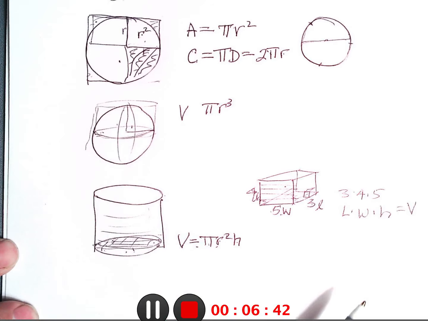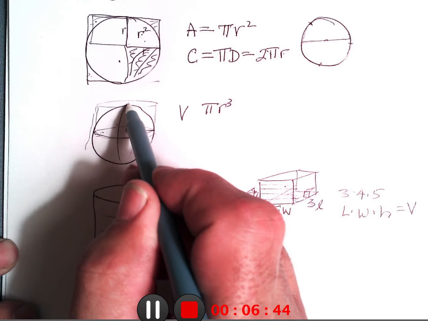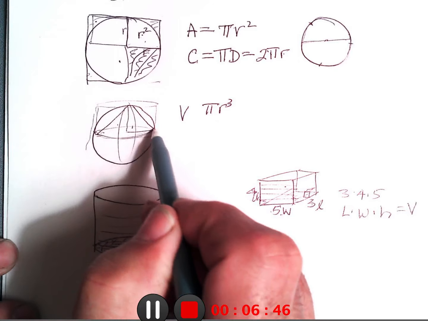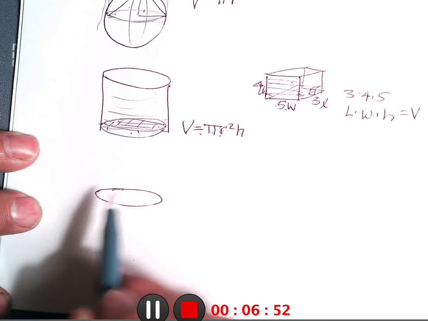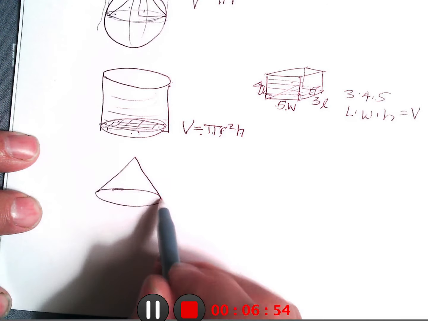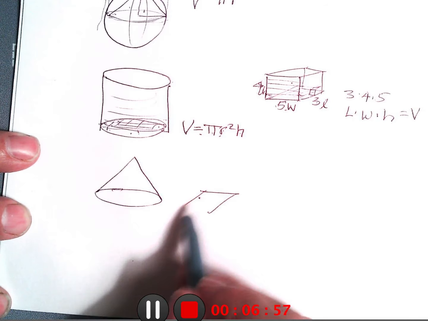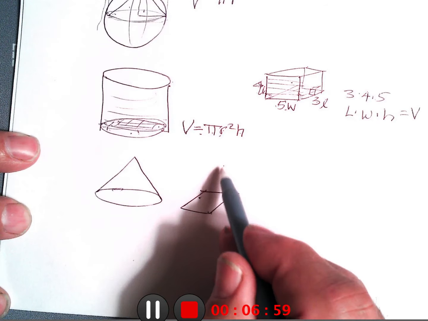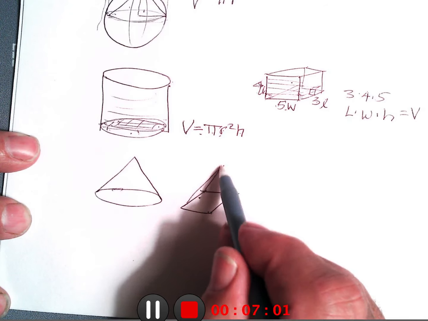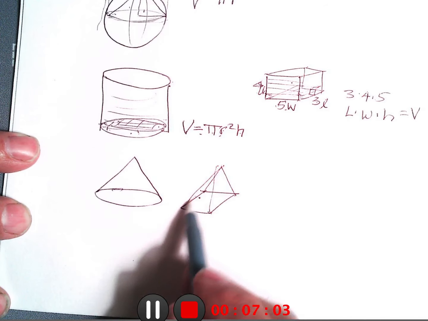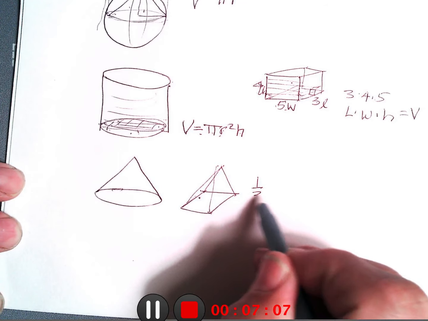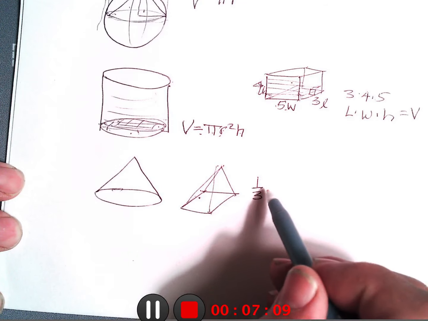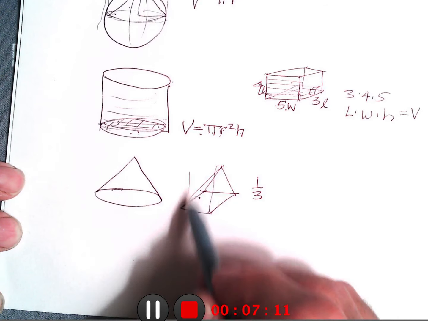Now, what if I made a cone? So let's talk about cones. Anytime we have a shape like a cylinder going to a point, or a pyramid going to a point, anytime I have a shape going to a point, it's 1/3 the volume of the box it would come in.